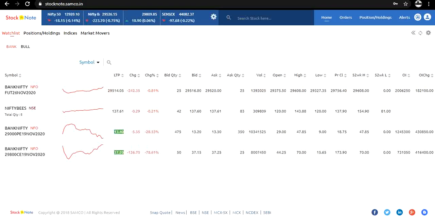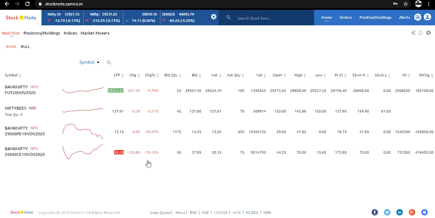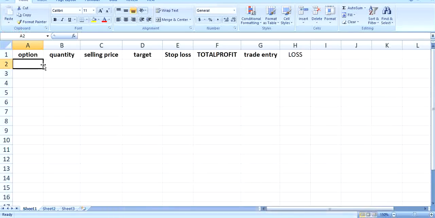So traders, as we are doing paper trade and practicing it, we will make our entry in the Excel sheet. Okay traders, so first we will sell the 29,000 put at market price. So 29,000 put with one lot, that is 25 quantities.